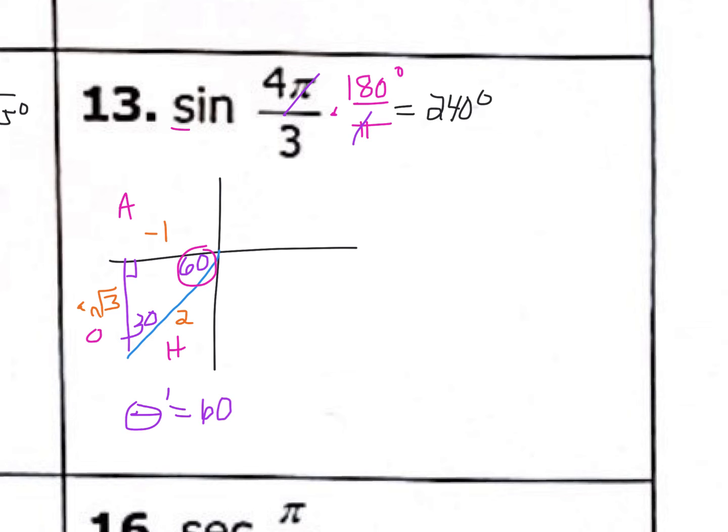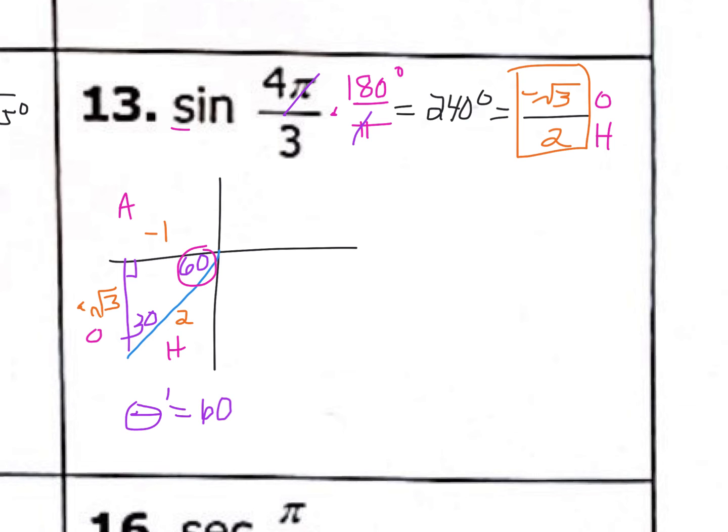So I've got some old hippie, right? So opposite of 60 is negative radical 3, and my hypotenuse is 2. That does not reduce. And so there you go. And of course, sine is negative in quadrant 3 because this is take, which means tangent. Tangent's the only one that would be positive.